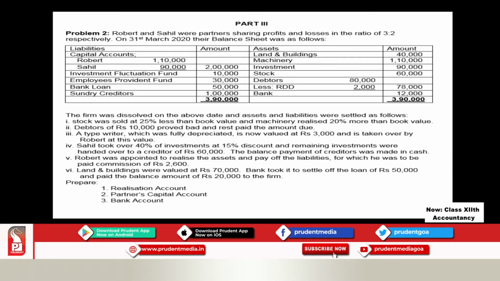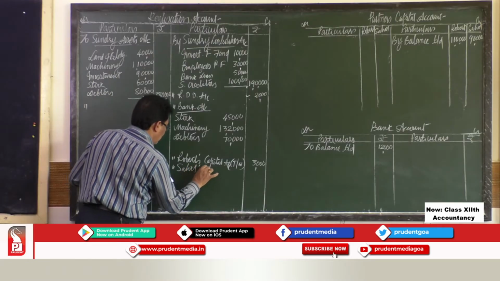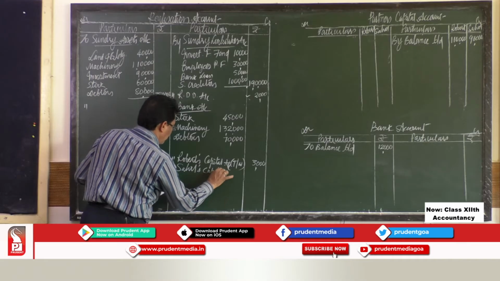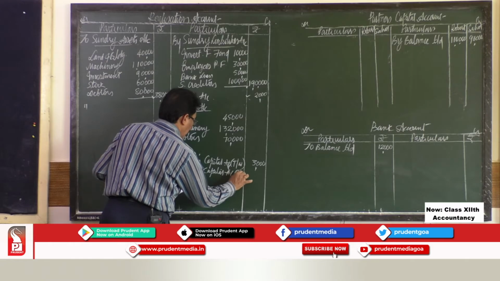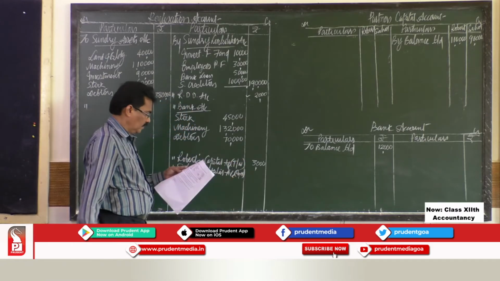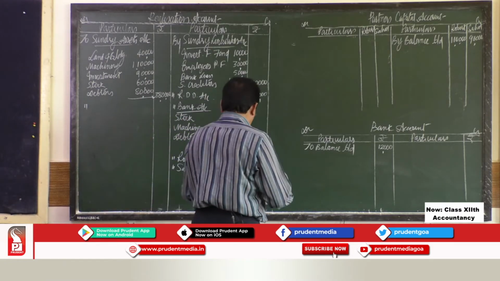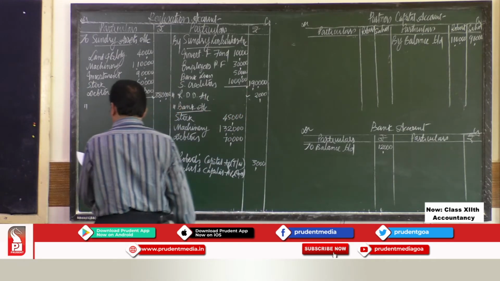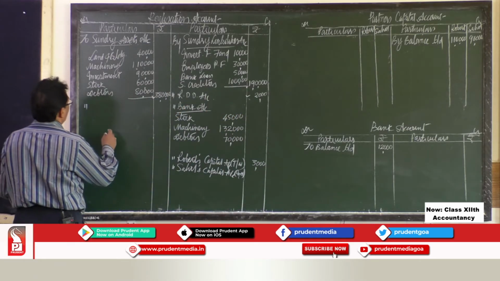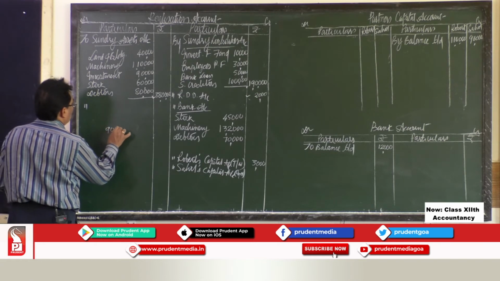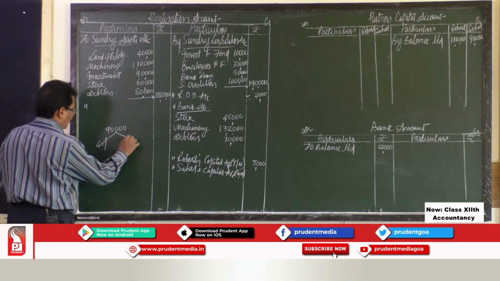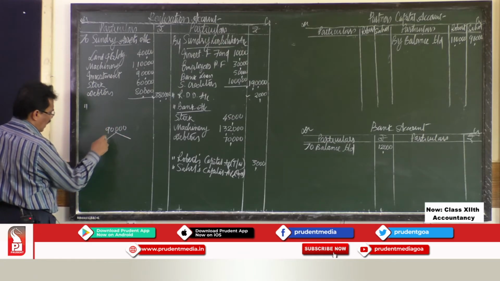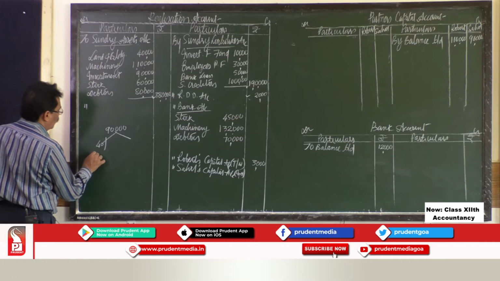So by Sahil's capital account, this is for investment taken over. The total investment is 90,000. So 40% of 90,000 gives you 36,000.